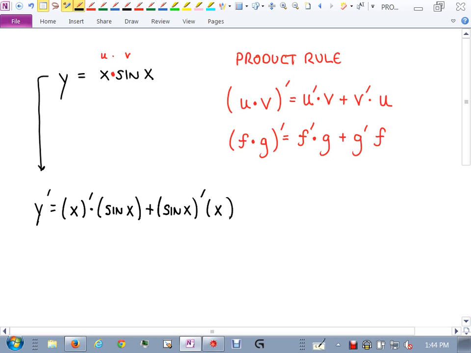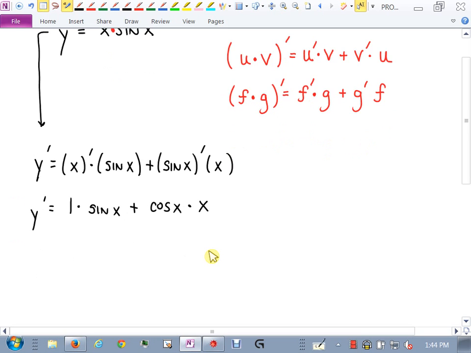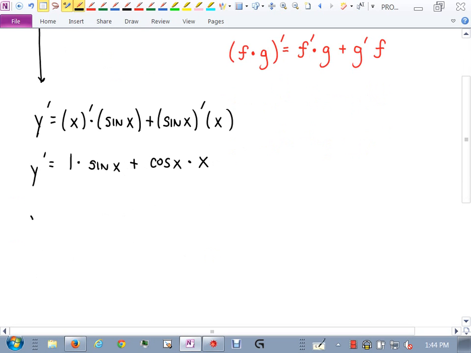What is the derivative of x? 1. So y prime is 1 times sine x plus, now what's the derivative of sine x? Cosine x times x. Now I'm going to write this down one more time, getting rid of that 1 and just writing sine x.